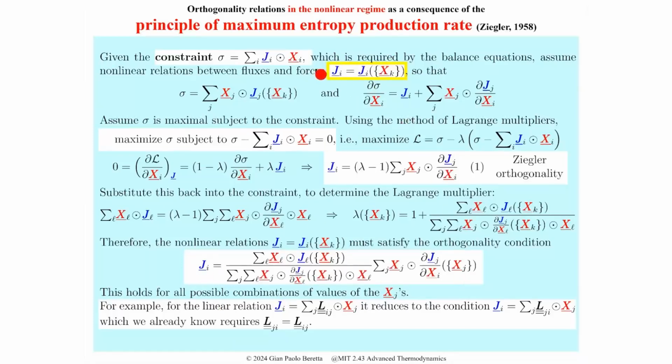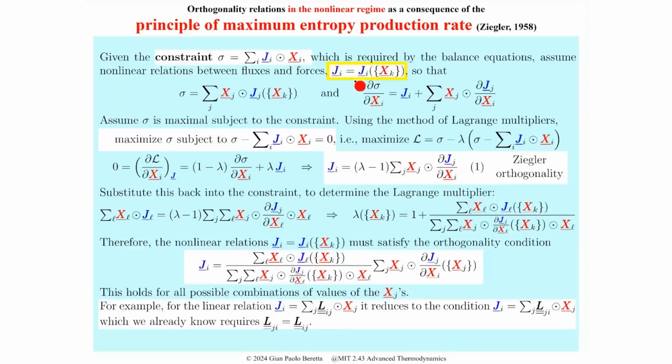For example, if you choose the linear relation, which is this one, this expression reduces to the one that required the symmetry of the Onsager conductivity tensor.